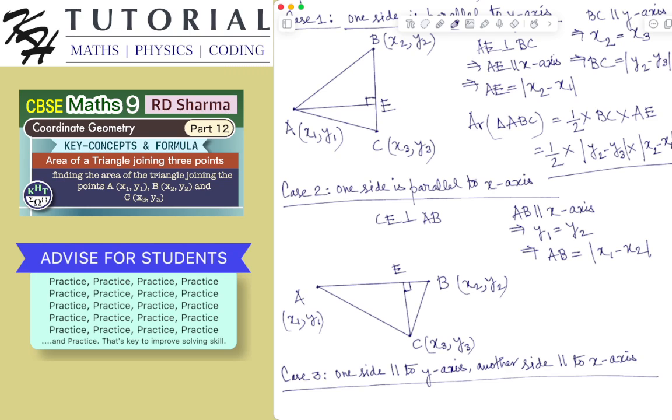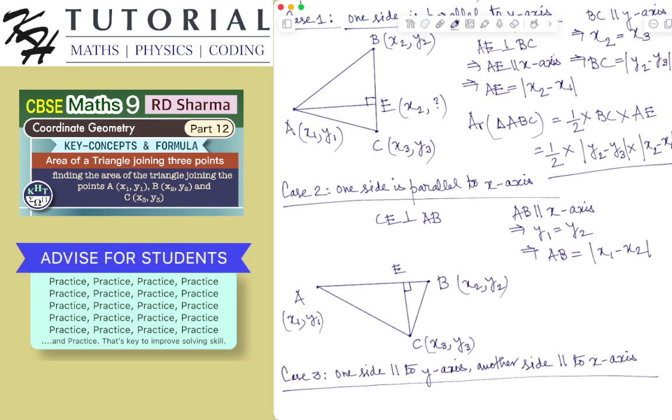So the ordinate of E will be y2. In the previous case, the ordinate of the point E could be anything, some value between y2 and y3, and it was not important to know it in case 1.